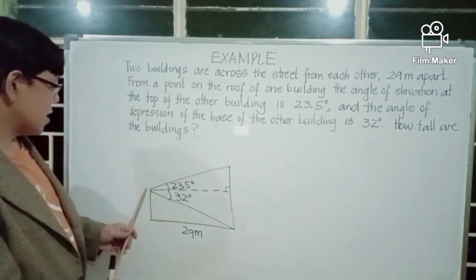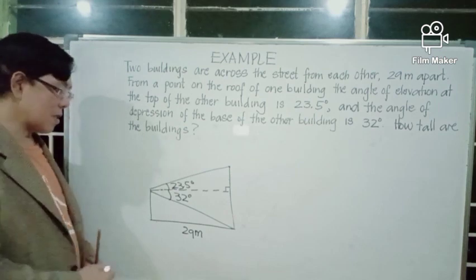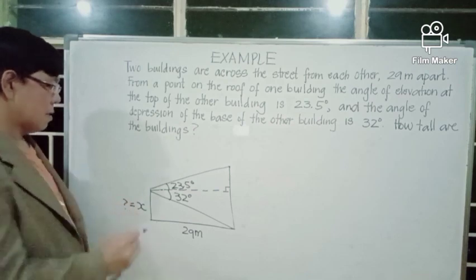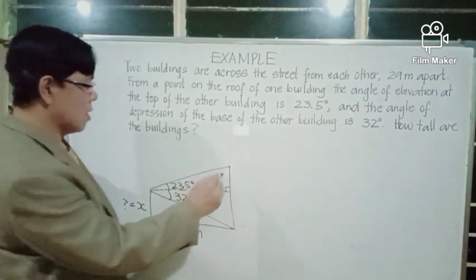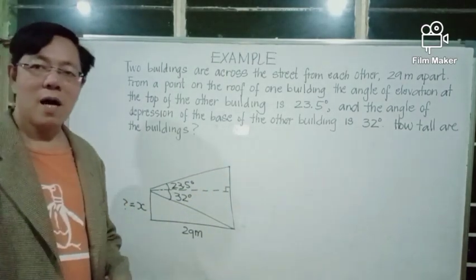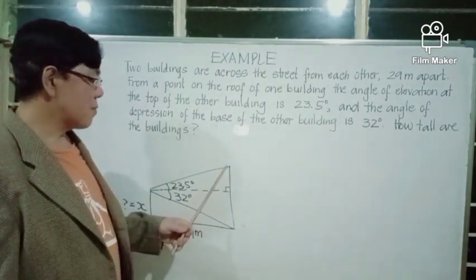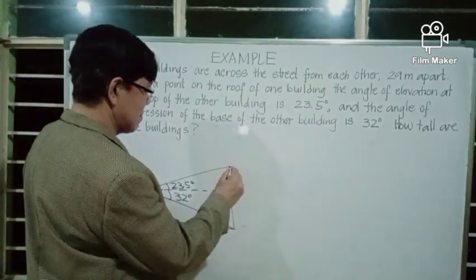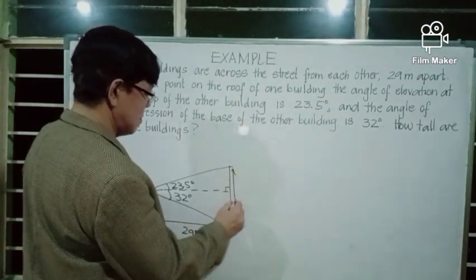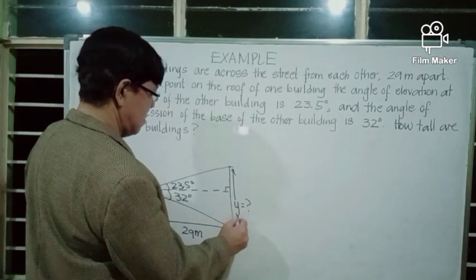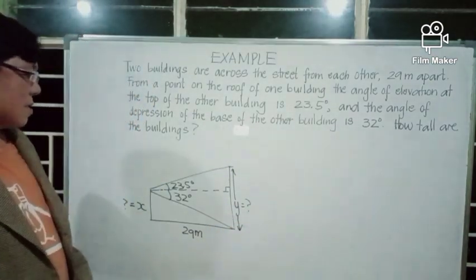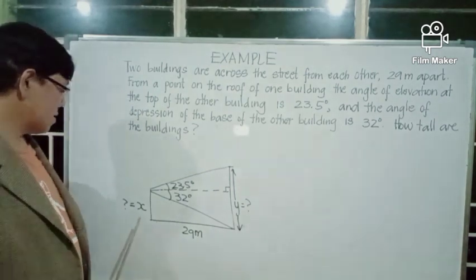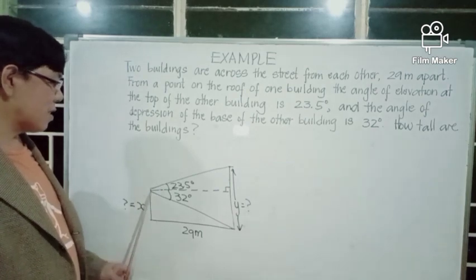We denote the height of the shorter building as x, and we denote the height of the taller building from the top of the second building to its base by y. And these are the unknowns. We can start by finding x, the height of this first building.